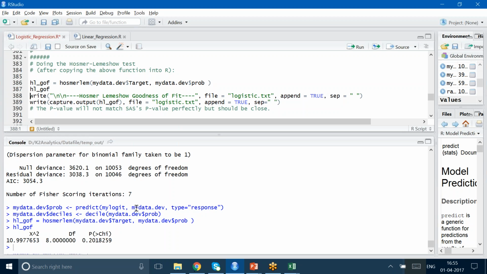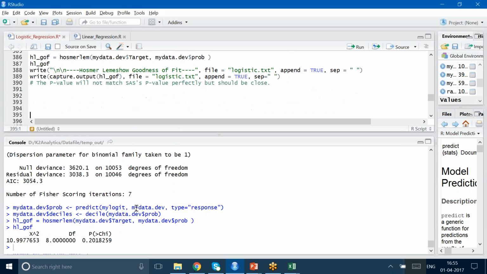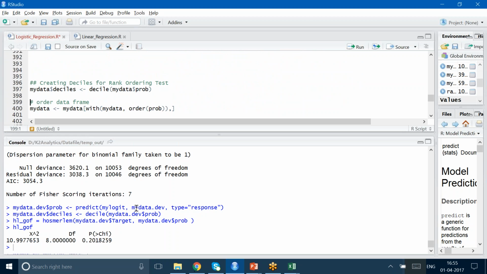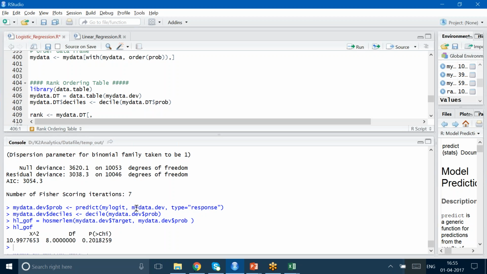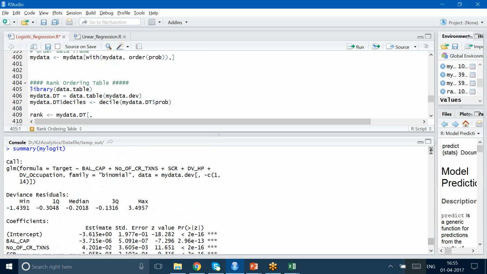Okay, now let us see how this rank ordering performs. I've changed this data. We have already created deciles, right?